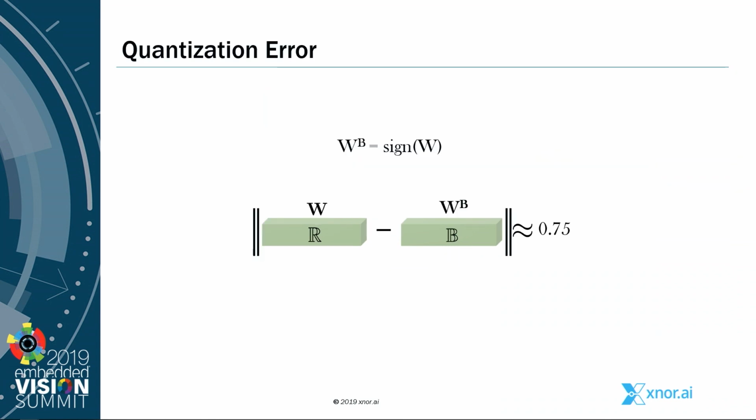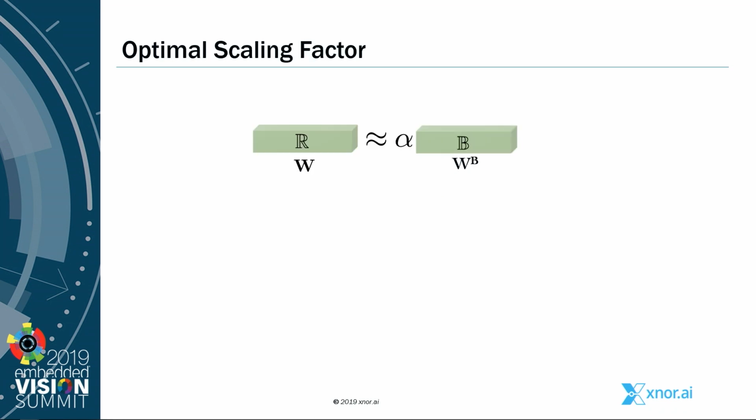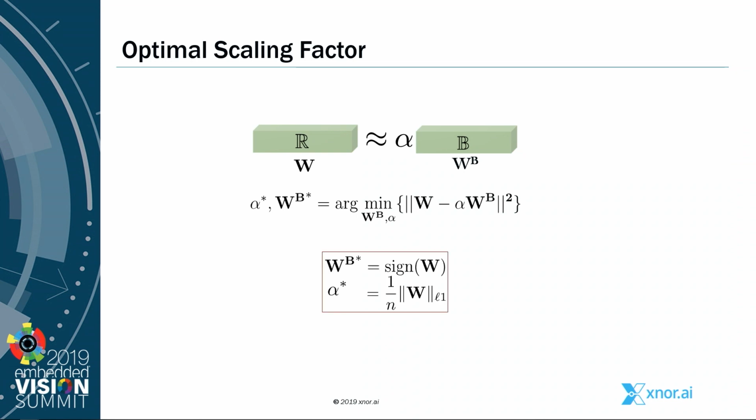But the problem is that if you do that, you're enforcing a huge quantization error that basically destroys information. To compensate for this quantization error, we introduce a scaling factor to that approximation, where we jointly minimize to find this scalar factor together with the binary values of the tensor at the same time. Luckily, there is an optimal solution for this joint optimization that we can use in our models.